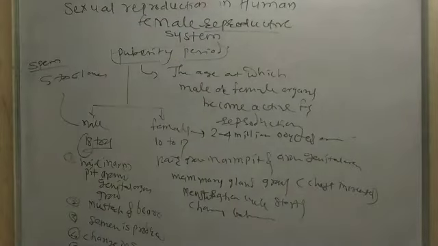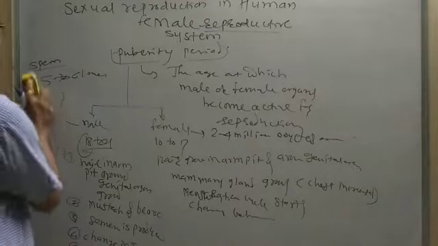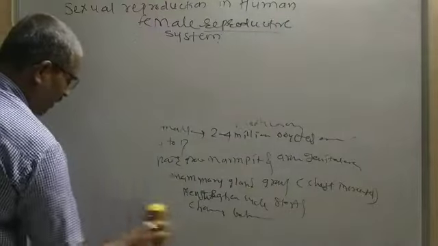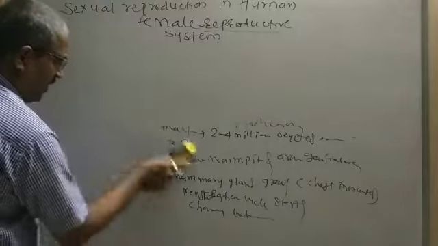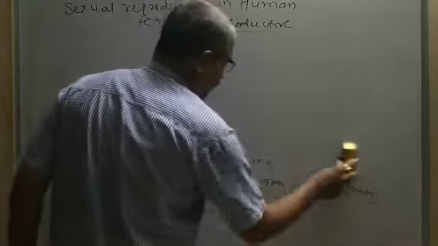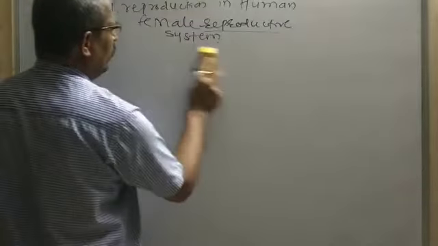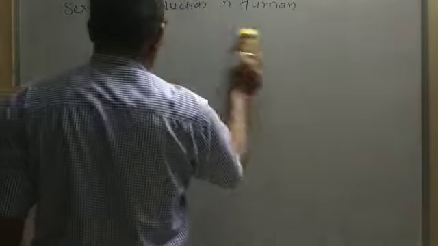Now we are going to study that if no fertilization takes place, from the age of 10 to 17 at any time the menstruation cycle starts. So we are going to study what is meant by the menstruation cycle.